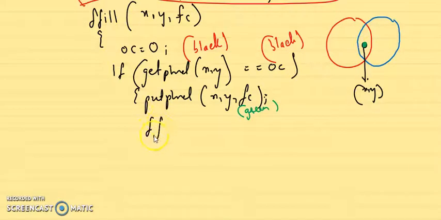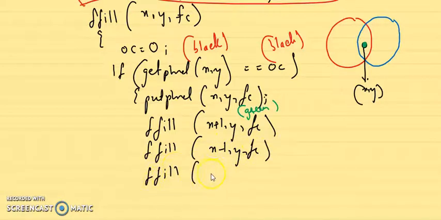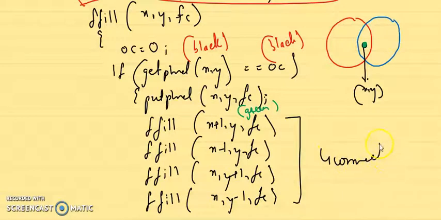So I'm going to call flood fill with x plus 1 comma y FC, flood fill with x minus 1 comma y FC, flood fill with x comma y plus 1 FC, and flood fill with x comma y minus 1 FC. So I have written it for the 4 connected approach. You could write in a similar fashion for the 8 connected approach, right?